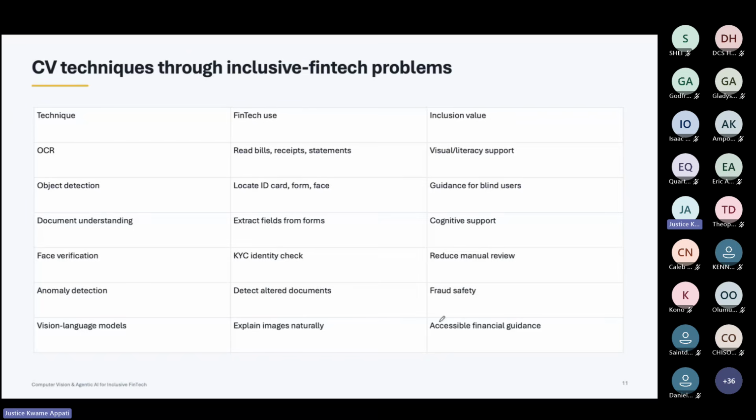This is a car number we needed to retrieve with OCR, but we failed. Now, in this meeting, being fintech, what relevance is the OCR to us? One, visual support and literary support, because at the end of the day, if I can extract, then I can read to the end user.